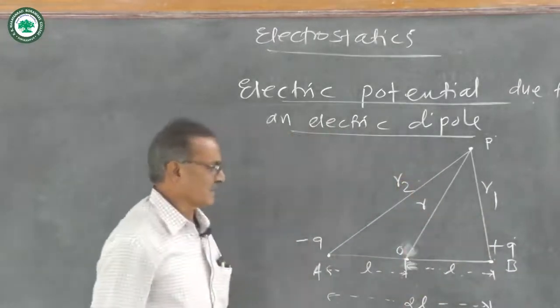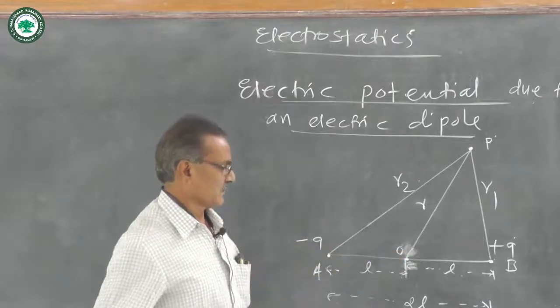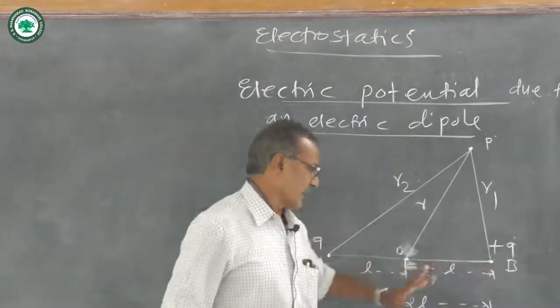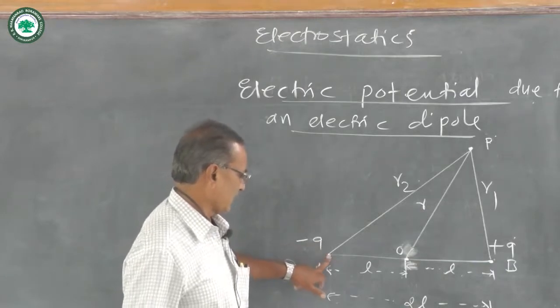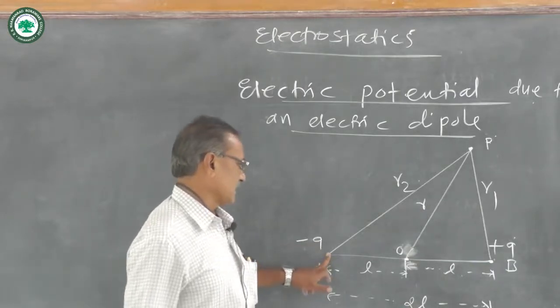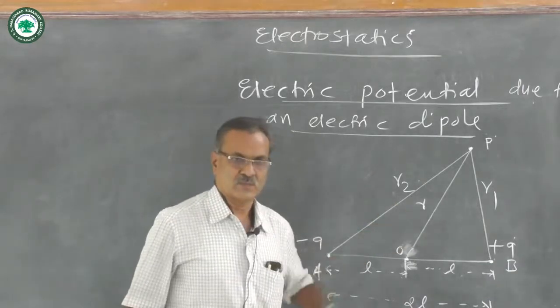That is, R1 is the distance of point P from the positive charge situated at point B, and the negative charge minus q is situated at point A. So the distance of point P from A is R2.